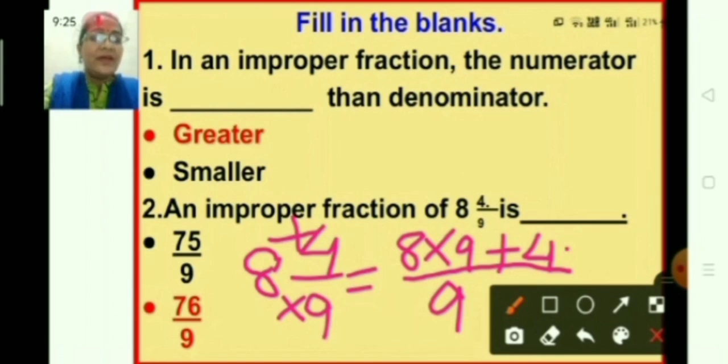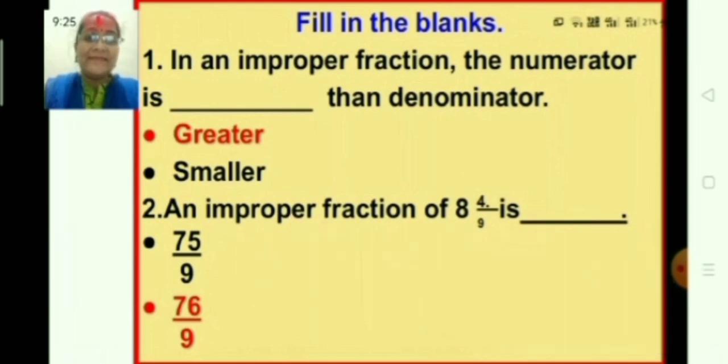So after multiplying, 8 9s are 72 plus 4 is 76, and the denominator remains the same. So what will be the answer then? 76 upon 9. So you have to click on 76 upon 9. So your answer is right then.